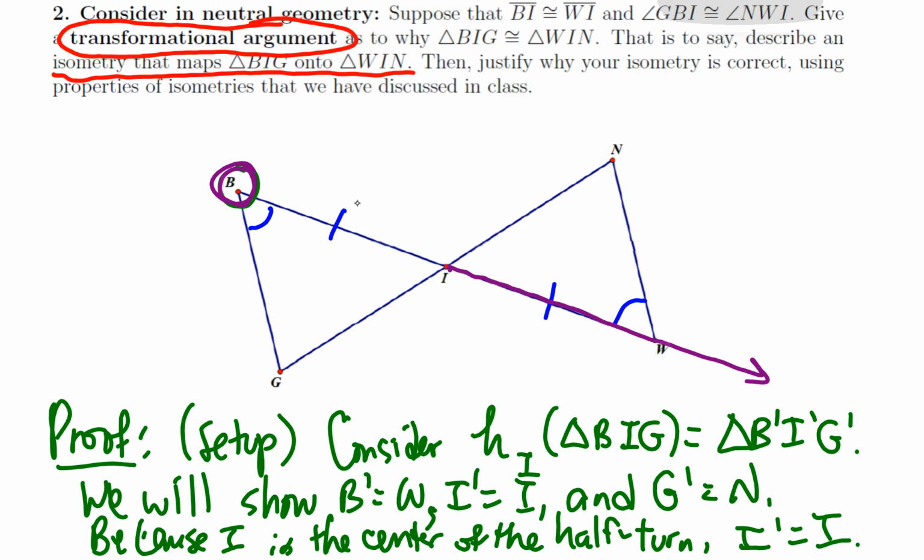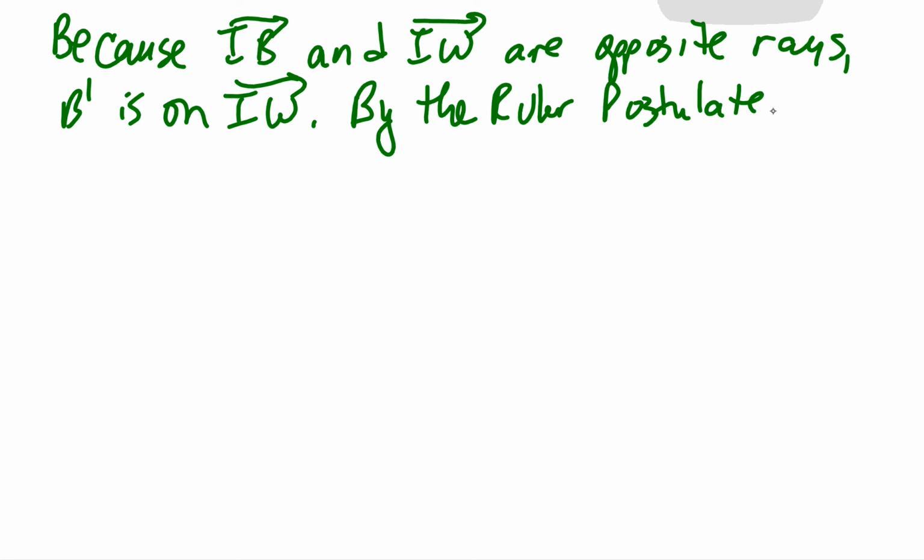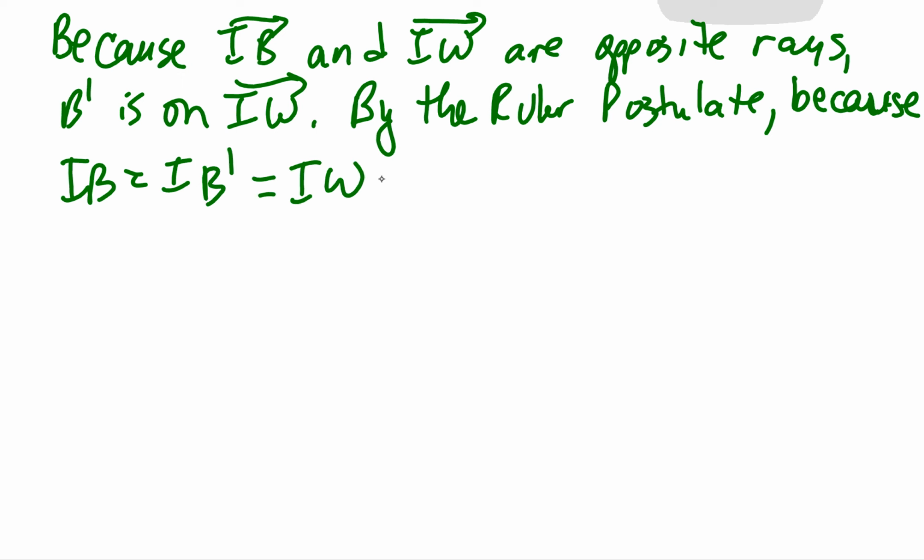Well, we know that the distance IB is the same as the distance IW, and so by the ruler postulate, which is still an axiom, because IB is IB prime is IW, B prime is W. So now we're 2/3 of the way there.